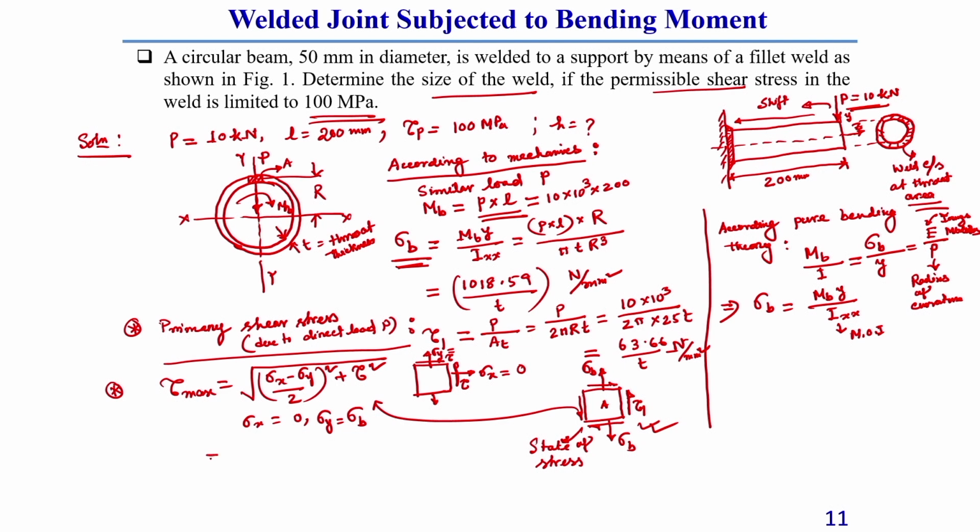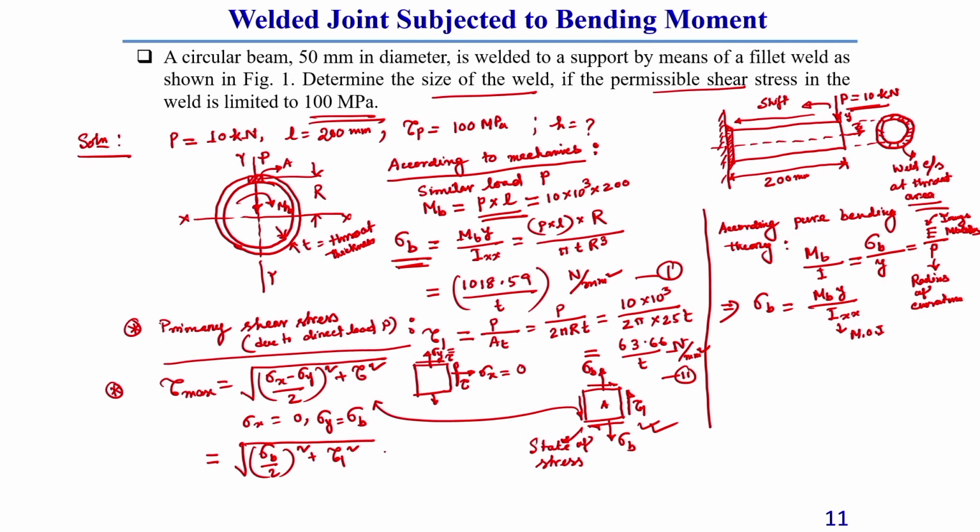So, if we put these things, we get the square root of sigma b by 2 squared plus tau squared, where tau here is tau 1. Let this be equation number 1 and this be equation number 2.